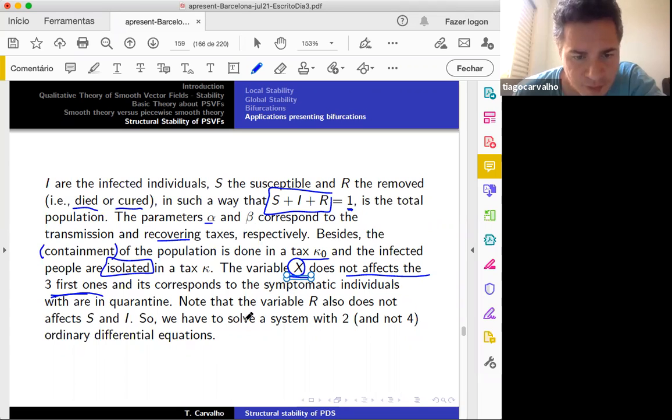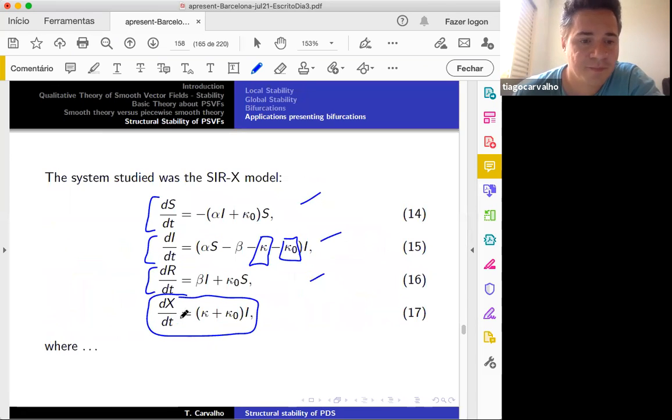Moreover, the variable r also does not affect the variables s and y and I. There isn't r here and there isn't r here.